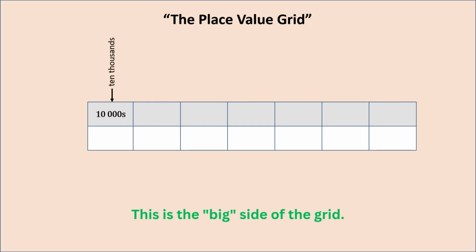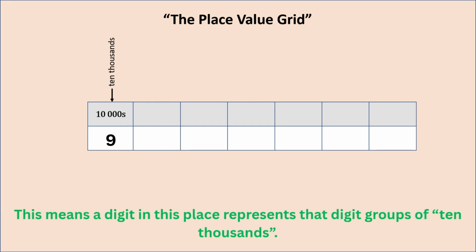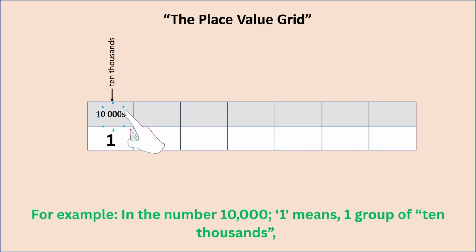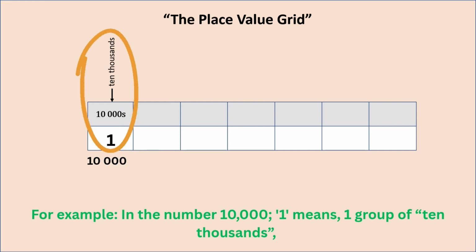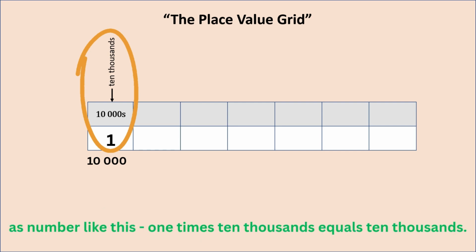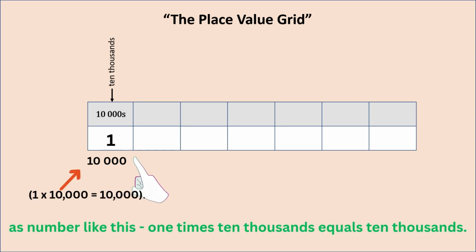This is the big side of the grid. This means a digit in this place represents that many groups of 10,000s. For example, in the number 10,000, 1 means one group of 10,000s. As a number sentence, 1 times 10,000 equals 10,000.